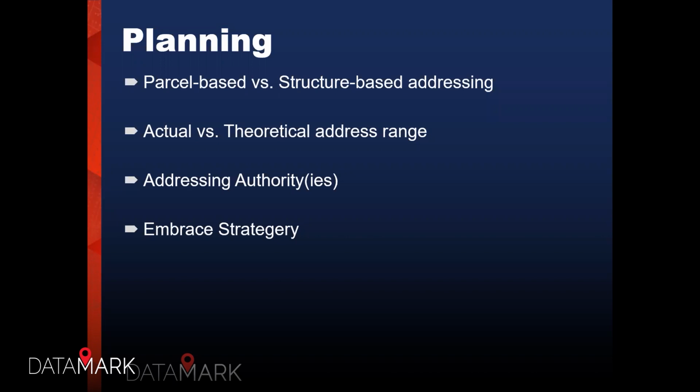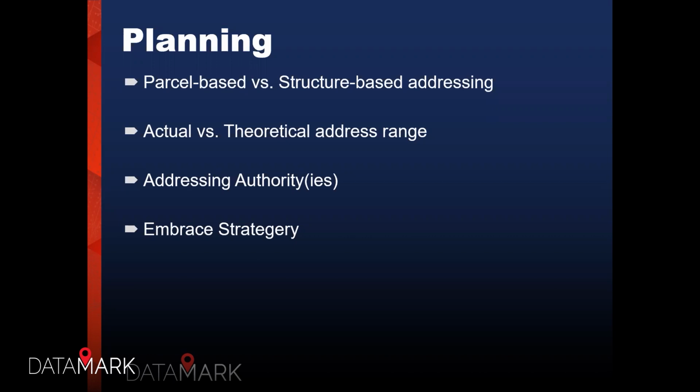But if you have a more irregular situation, like if your addresses are assigned by someone in public works or someone in a planning department, someone who may not be as in touch with addressing for public safety, it may cause some, not problems, but it just might cause a little bit of disconnect there, okay?